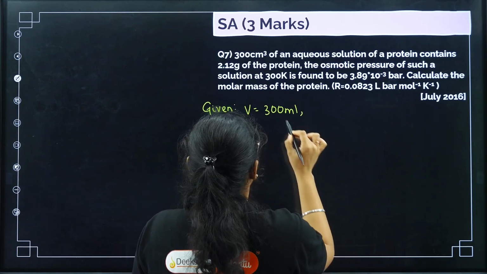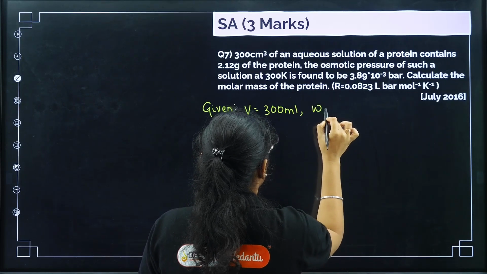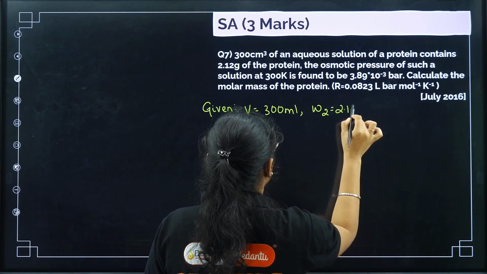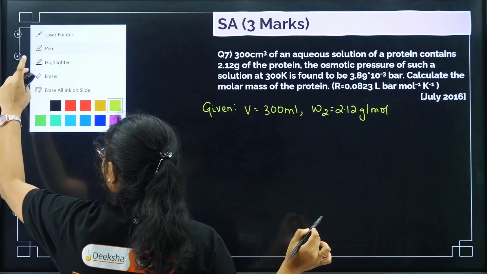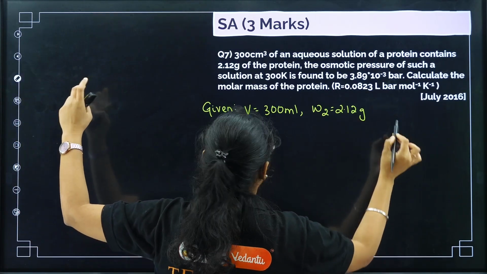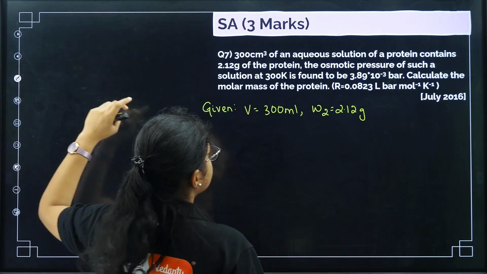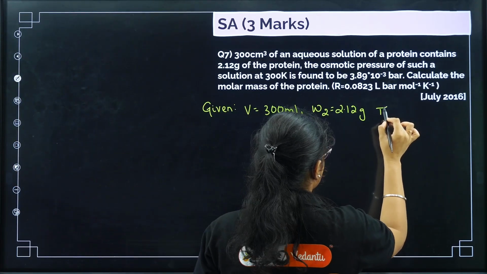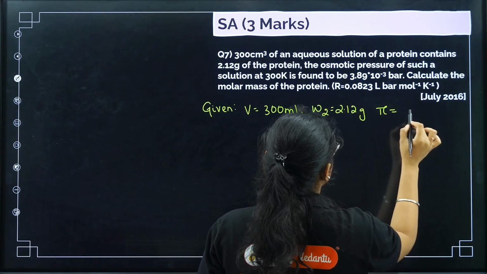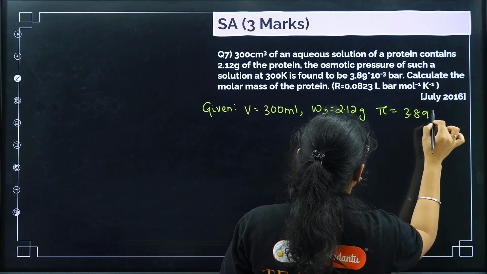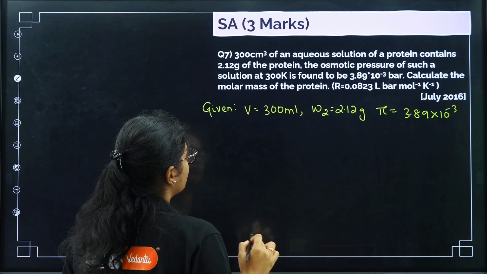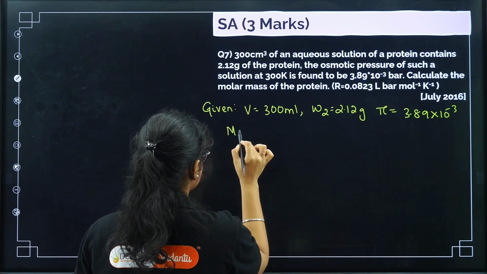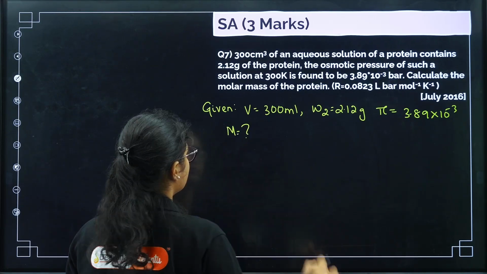Then the mass of the protein, W2, is 2.12 gram, not gram per mole, because this is not molar mass. Then osmotic pressure, pi value is 3.89 into 10 to the power of minus 3. Next, molar mass you need to calculate.